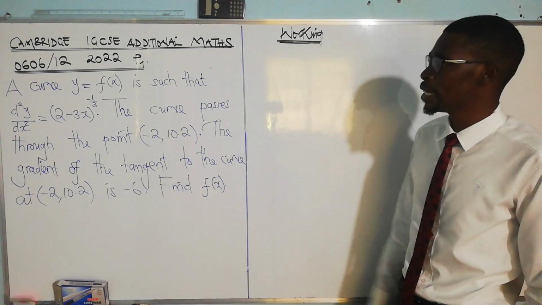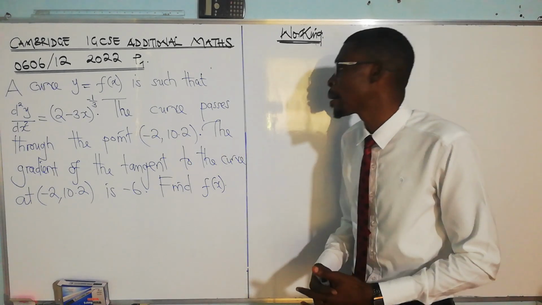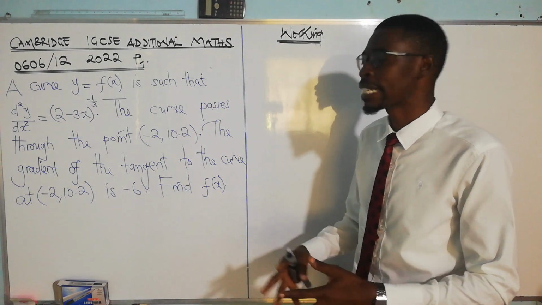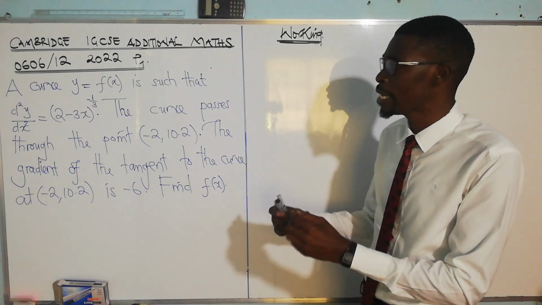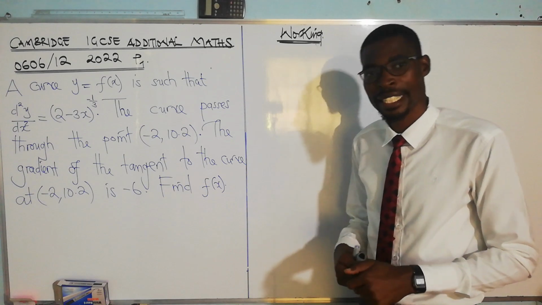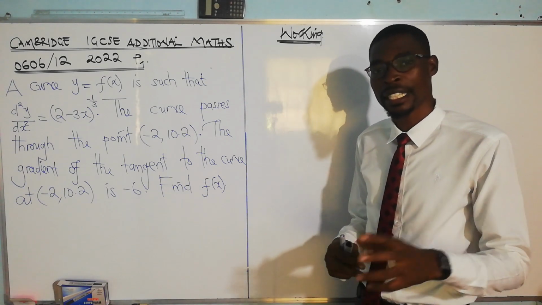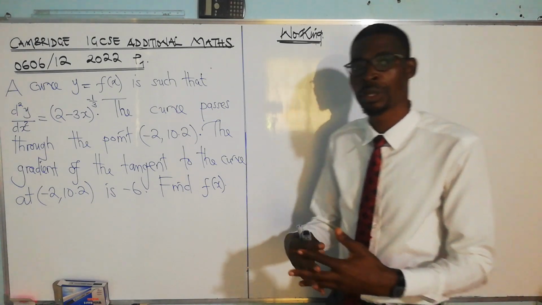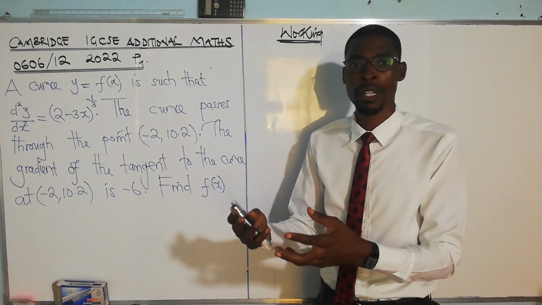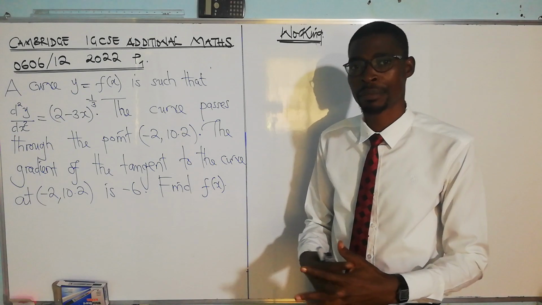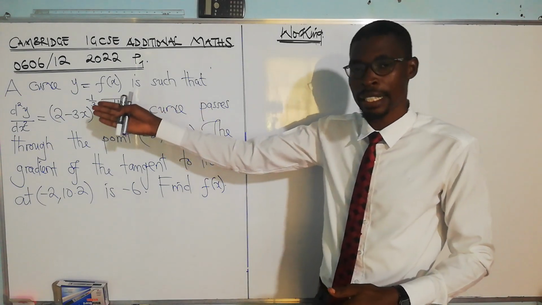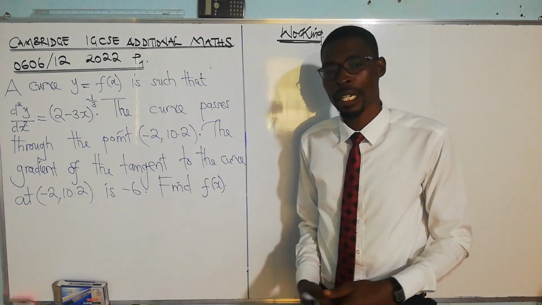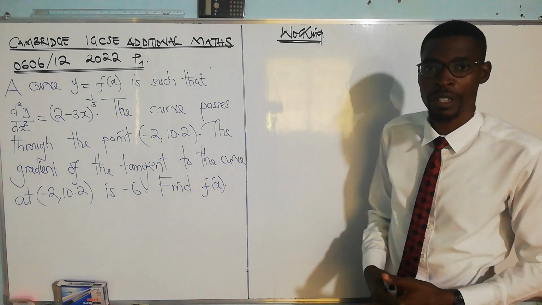So this question is derived from the concept of application of integration. And one important application of integration is that it can help us to obtain a function when the derivative function is given. In this case, we are given the second derivative function, which is 2 minus 3x exponent negative 1 over 3.